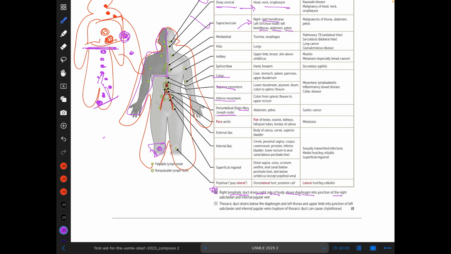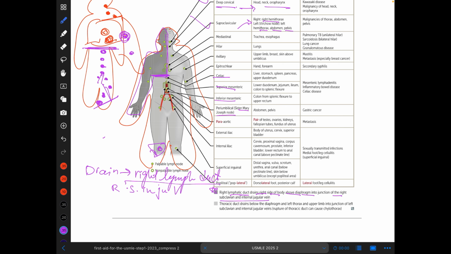That is the right side above the diaphragm. The right side above the diaphragm will drain into the right lymphatic duct, and it is the junction of the right subclavian and internal jugular vein.